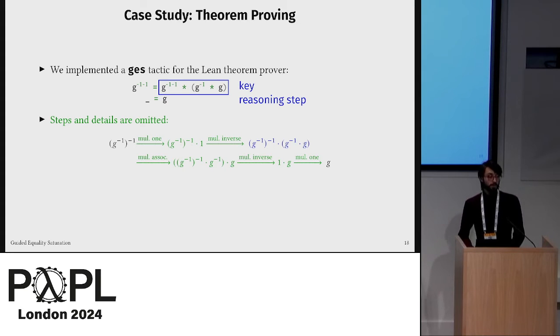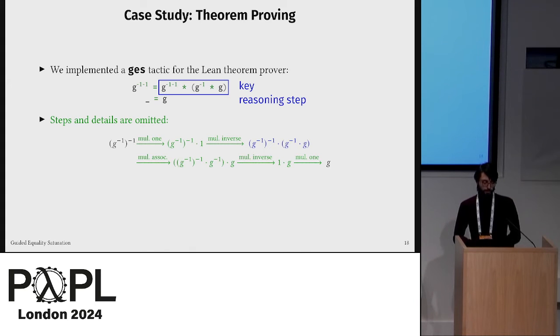We have a second case study, which is about showing that we can go beyond program optimization with our technique and actually implemented a tactic for the Lean theorem prover. And what is nice about this tactic is that it allows you to write your theorems by focusing on key reasoning steps.